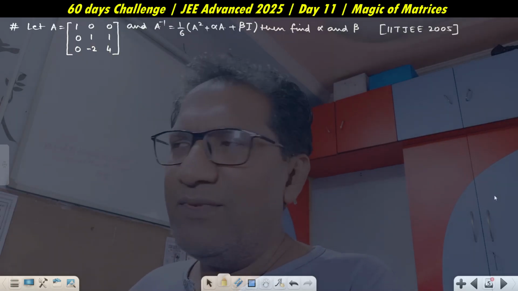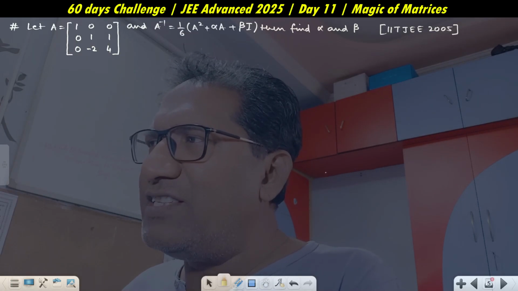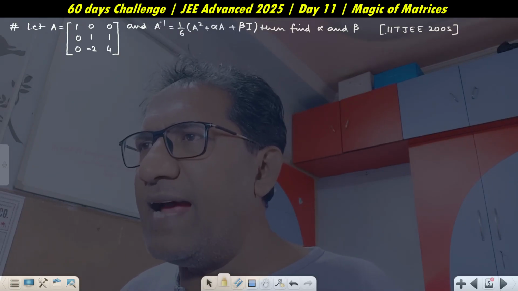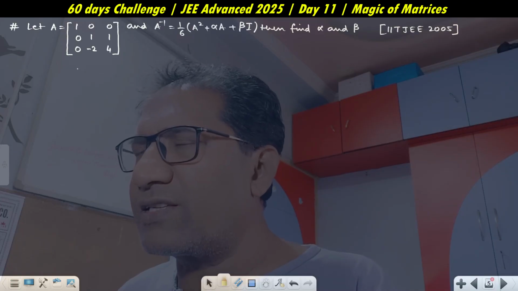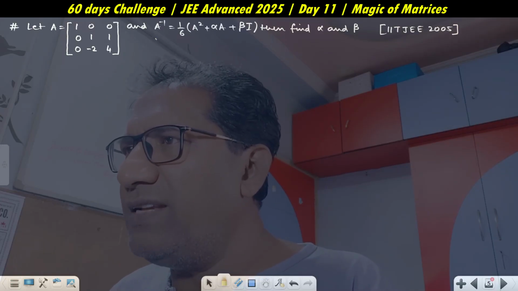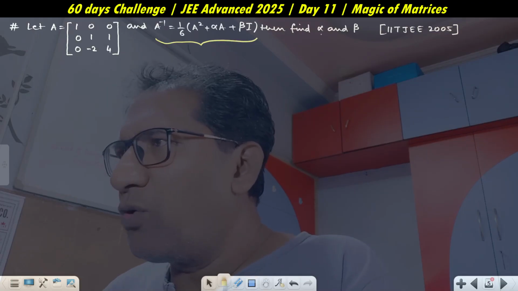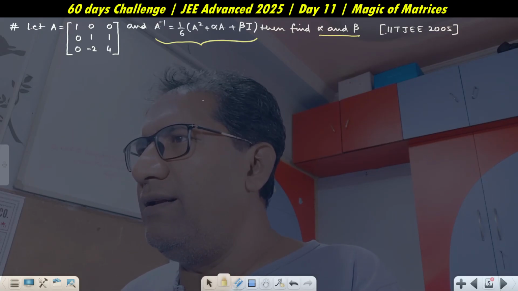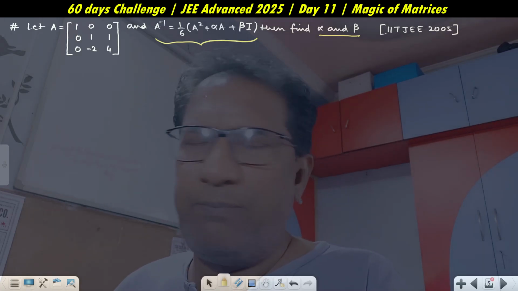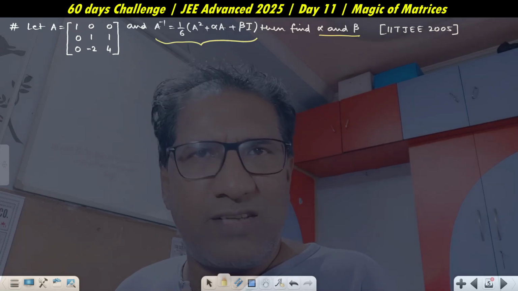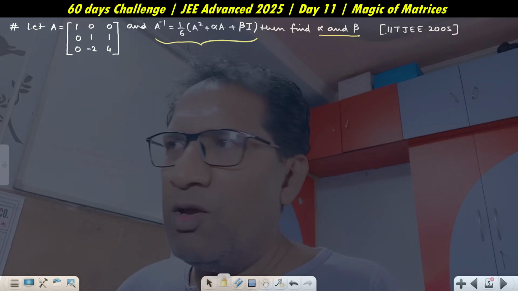See this question. This question came in IIT JEE 2005. In this question, we have been given that A is a matrix, and we have been given a relation, this, A inverse is this one. Straightforward question, find out the value of alpha and beta. Now, one who doesn't know the characteristic equation will face problems. Why?